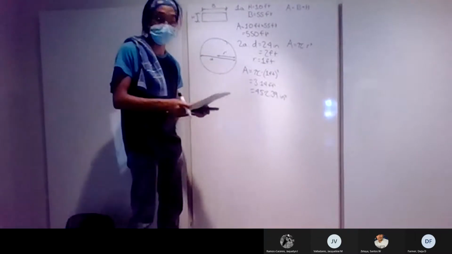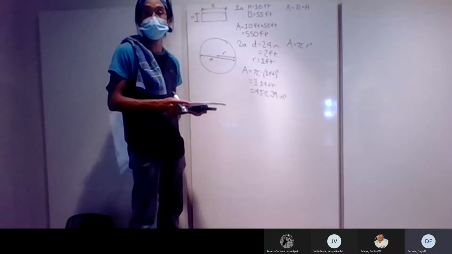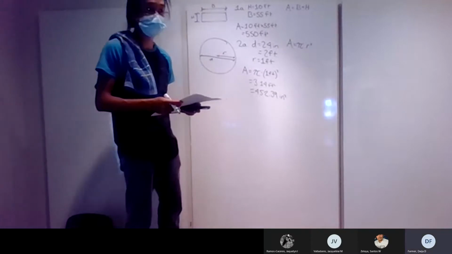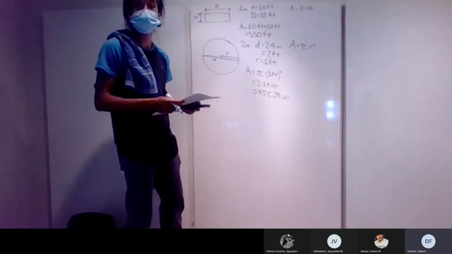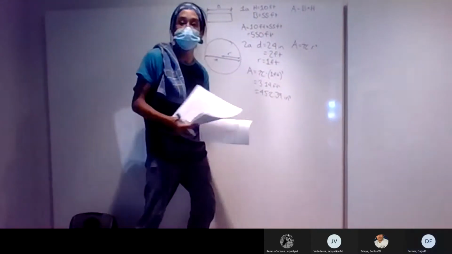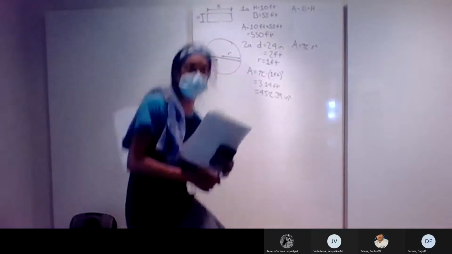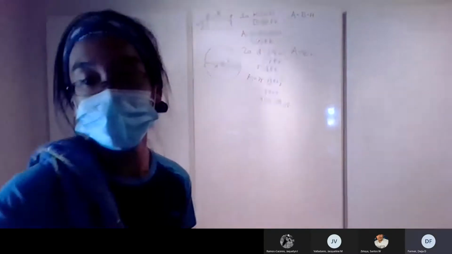Basic stuff. Any questions so far? Do you know if it has to be in inches? Honestly, I'm not sure. I think it can be either one. I'm just putting inches to be safe because that's what we were given.